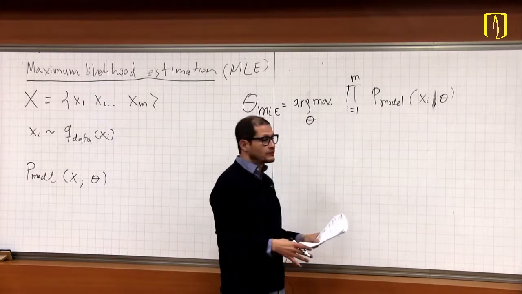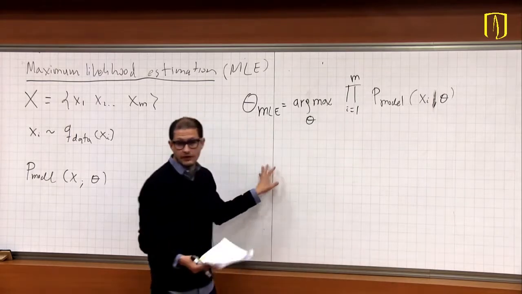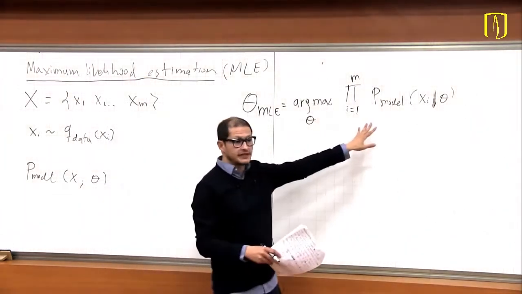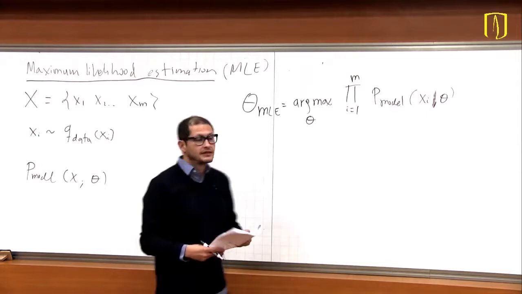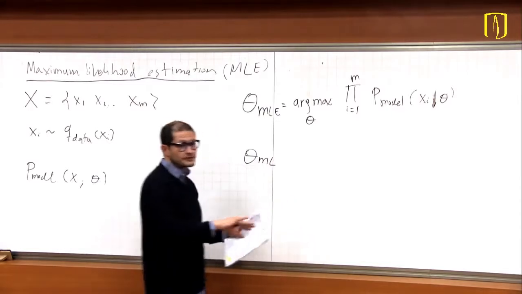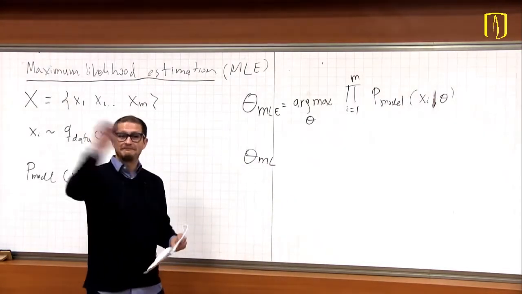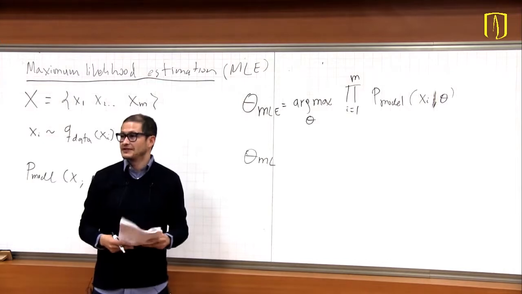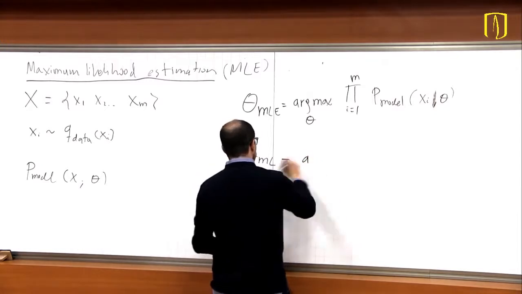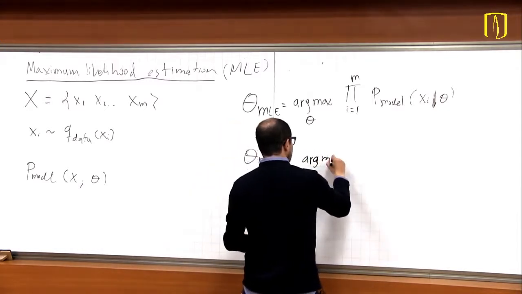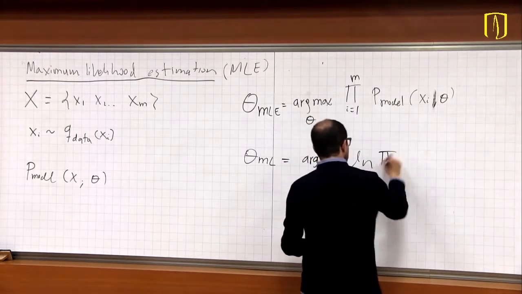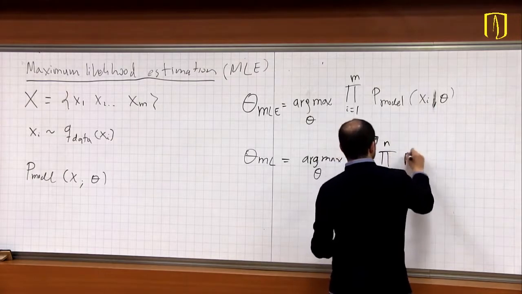So we usually deal with the log of this probability, because the log of these very tiny numbers is a reasonable number, and also because the logarithm is a monotonic, growing function. So usually we transform this into arg max of the log of this, of p.